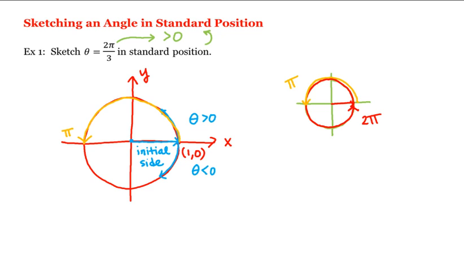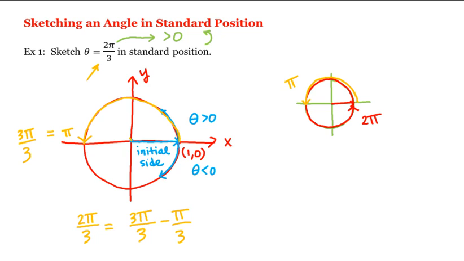And how many thirds is pi? Isn't that 3 pi thirds? That means our angle here didn't quite get there. We're pi thirds short of it. In other words, 2 pi divided by 3 is equal to 3 pi divided by 3, which is pi, minus pi thirds.